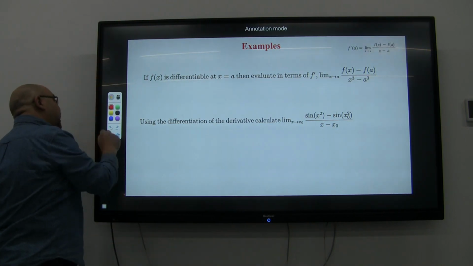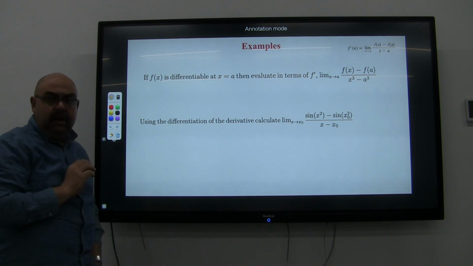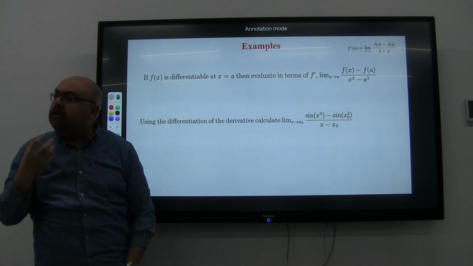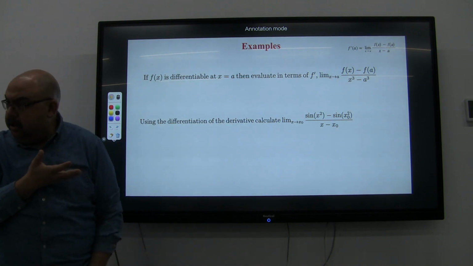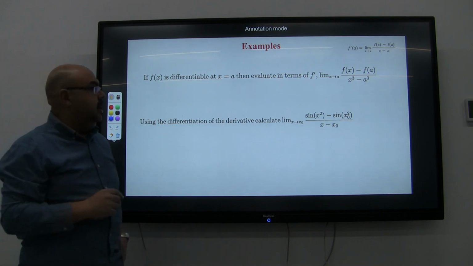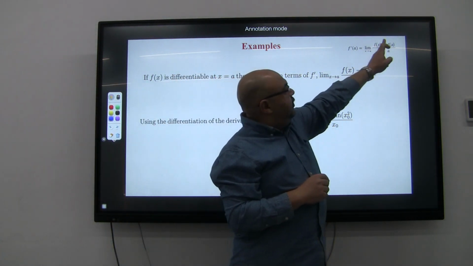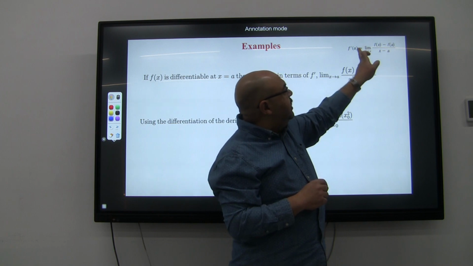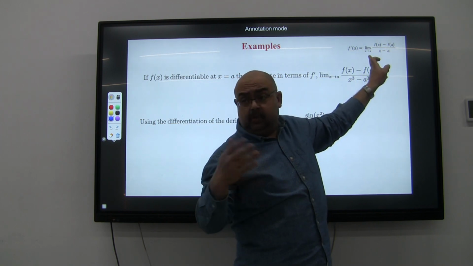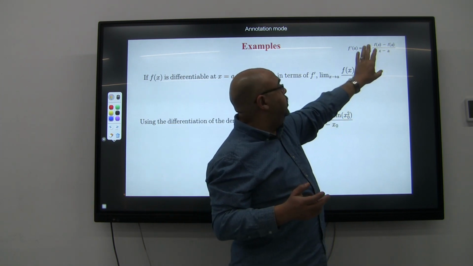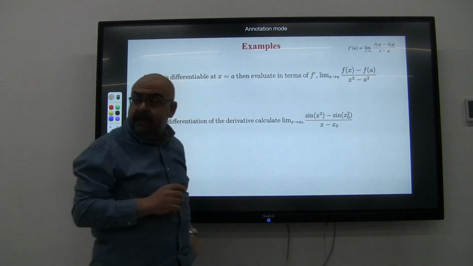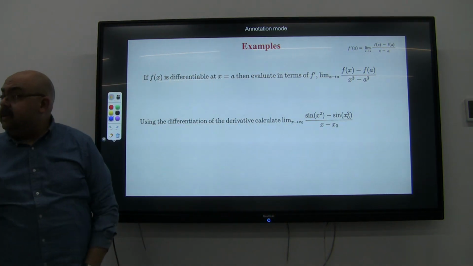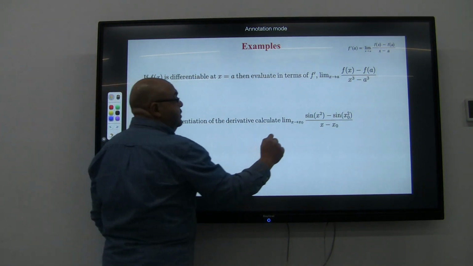I need to make the expression at the bottom as close as possible to the one at the top, because I know that if I have f of x minus f of a over x minus a, taking the limit as x tends to x naught or a or whatever, I can replace it with f dash. So what's missing?